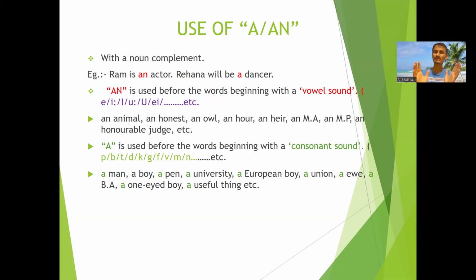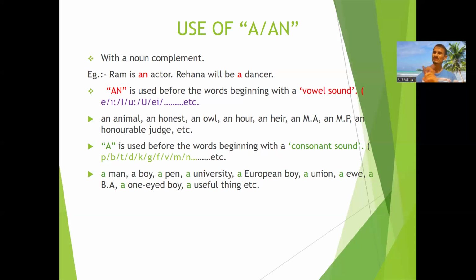But in English, A, E, I, O, U are vowel sounds. Similarly, pa, ta, ka, ga and so on are consonant sounds. Now, be clear.